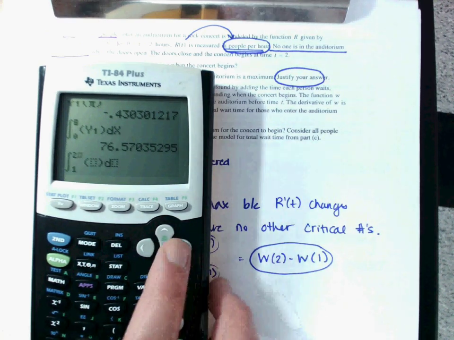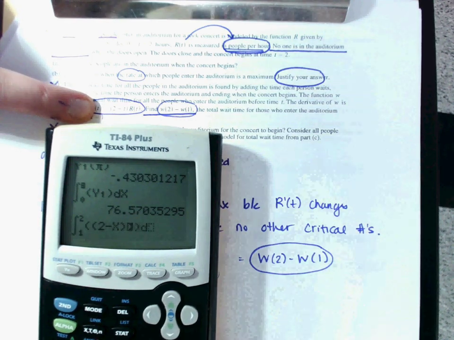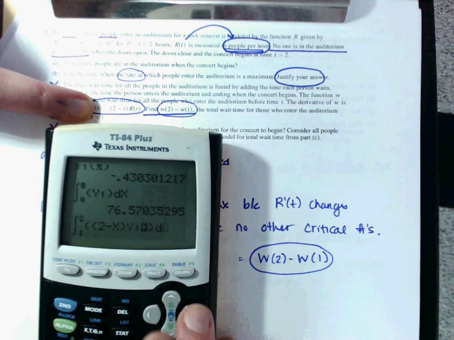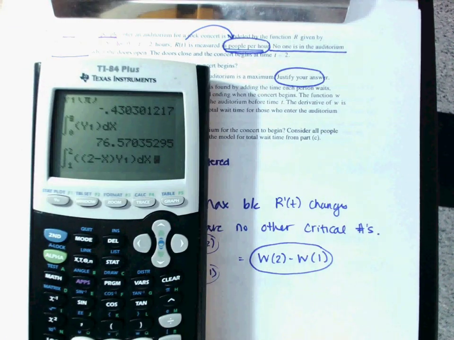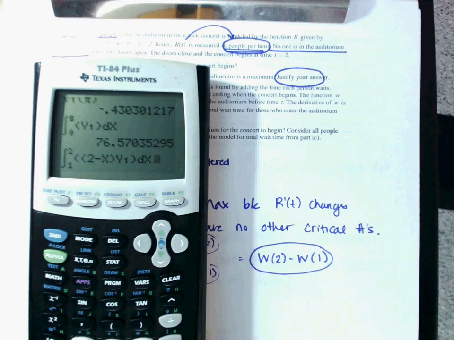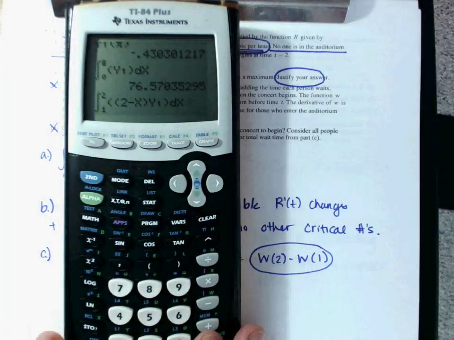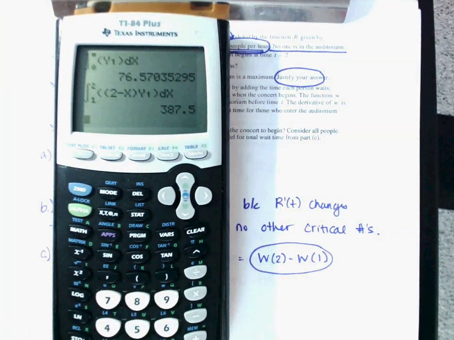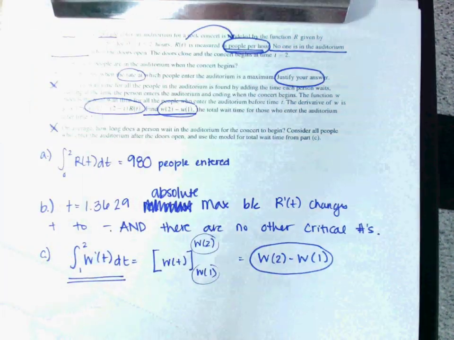And then in my function, I'm going to type in 2 minus x times alpha trace y1 dx. So see how I typed that in? It's 2 minus t multiplied by y1. And all this junk about the wait time being defined by blah, blah, blah, nobody cares about that. It's all just there to confuse you. So the answer would be 387.5.